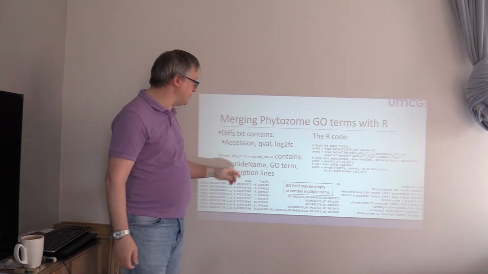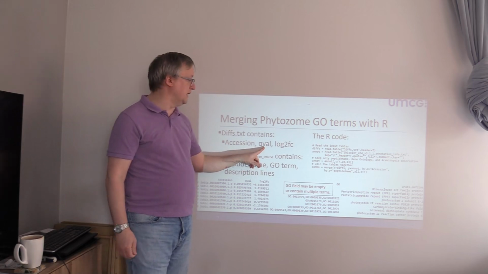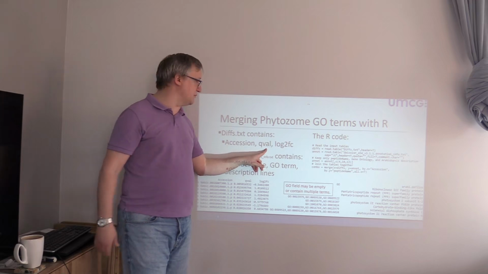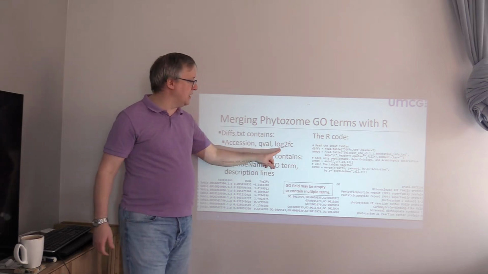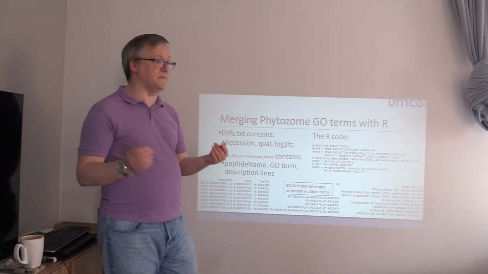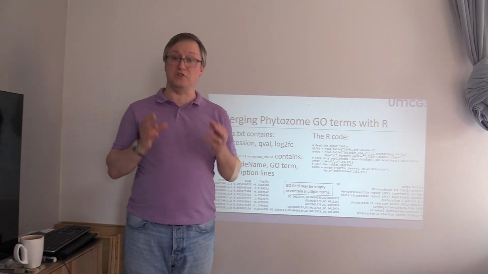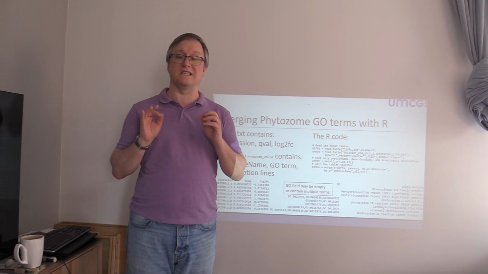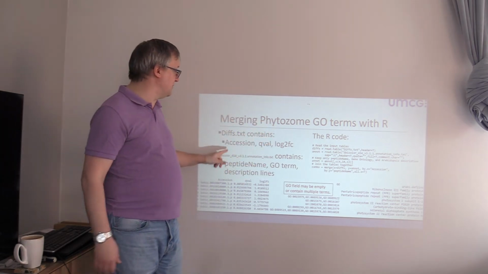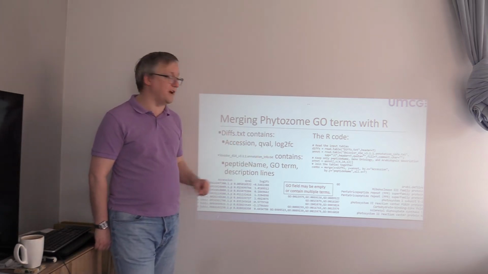So for something like that, I probably have a list of accessions for the proteins that are differential, the Q values, these are the false discovery rate corrected p-values, multiple testing corrected p-values, and a log base 2 fold change. So that's really lovely. These are the kind of information I would use for a volcano plot. But assuredly, I would like to know expected functions for any of the genes on this list. But that's not included in my FASTA, so it's not copied to my differences text file.